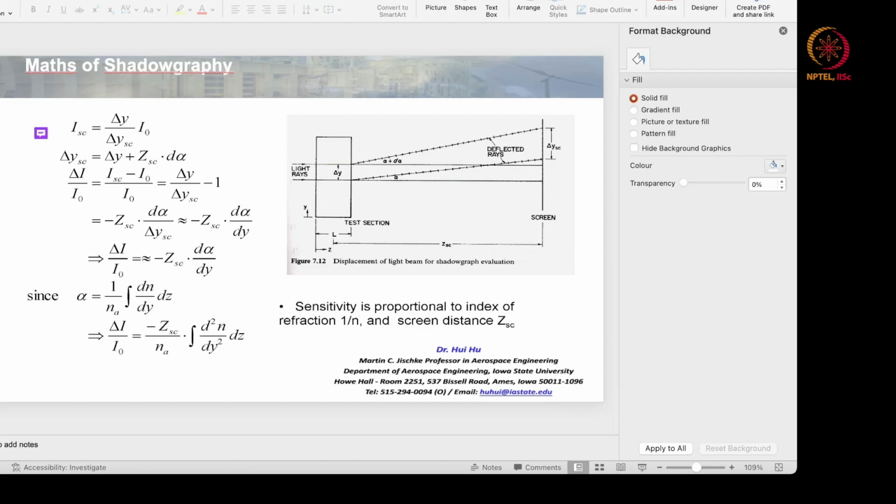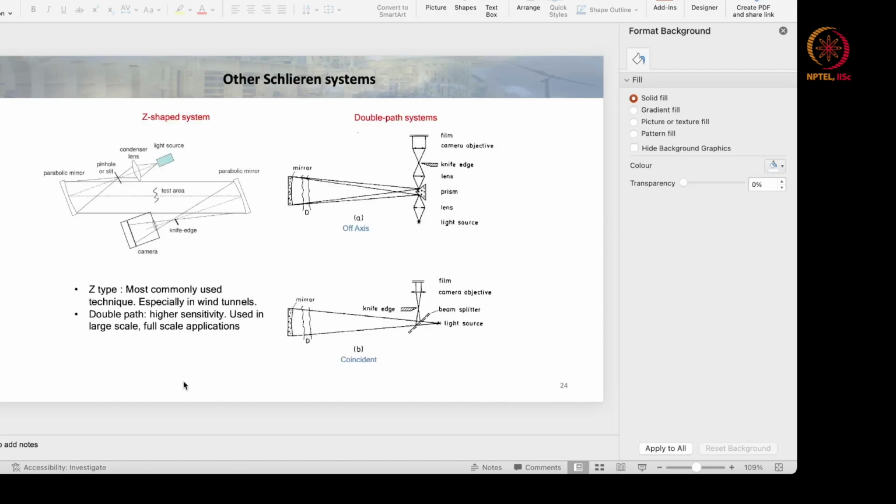We already did some of the math of Schlieren as well, and know how these two methods work. Now, if I look at other Schlieren systems, so far we saw that we are using lenses mainly. There is also the Z-shaped system. This is the most commonly used technique, mostly in wind tunnels.